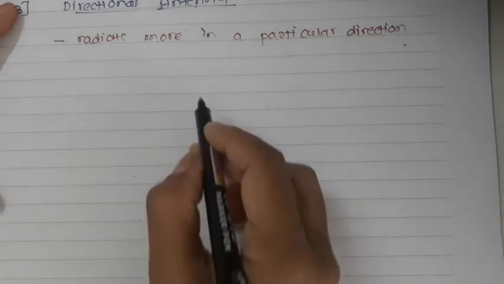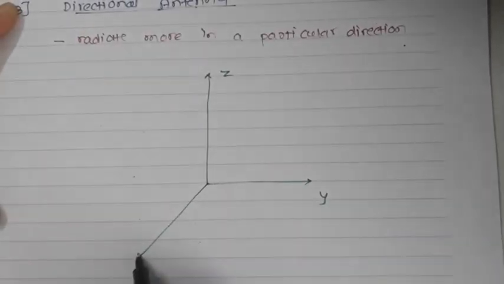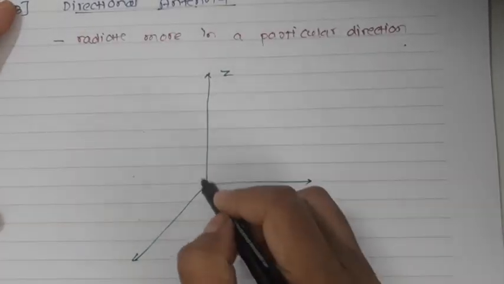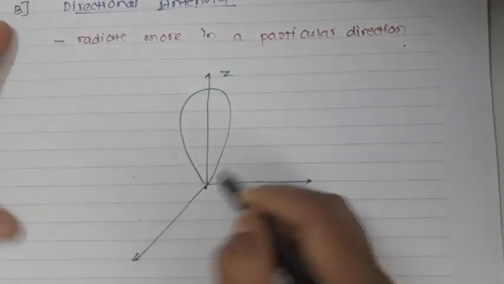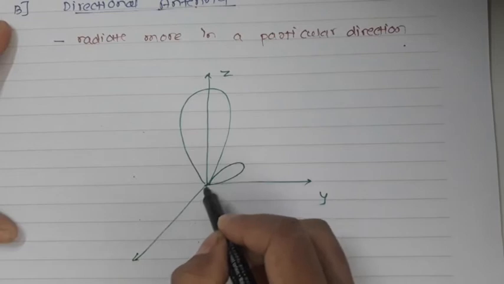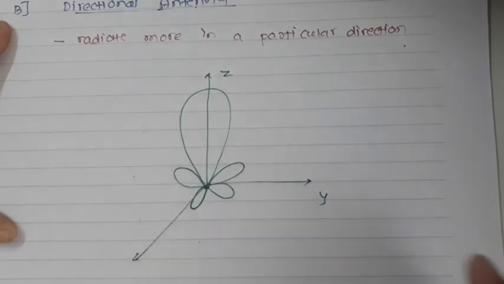Now let us talk about the radiation properties, or radiation pattern, of this particular antenna. If you draw the radiation pattern, it will radiate more in, say, the z direction. So you'll have this kind of pattern, and then you will have smaller radiations in other directions.